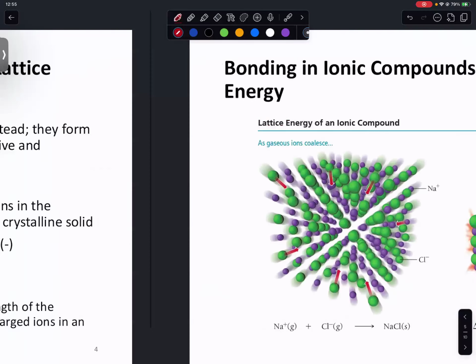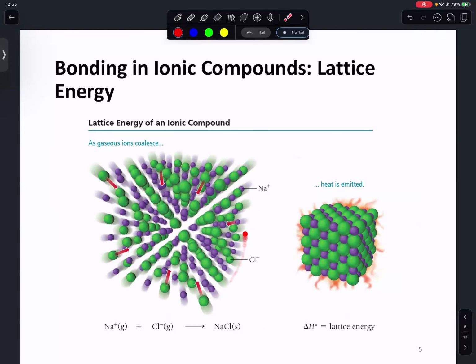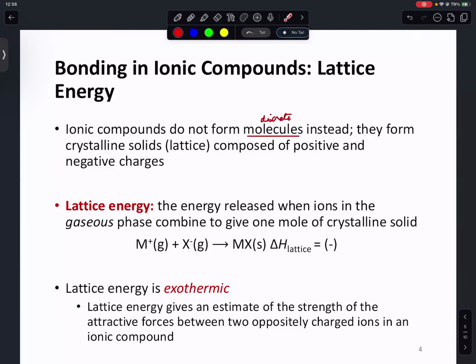This is, for example, sodium chloride, with sodium and chloride ions coming together to form a crystal lattice. In a crystal lattice, the cations and anions are arranged in a very ordered, strategic way to maintain the charge neutrality of the compound.